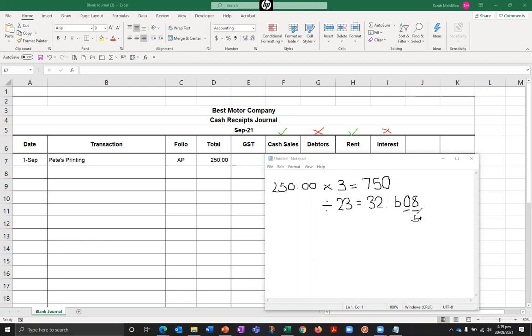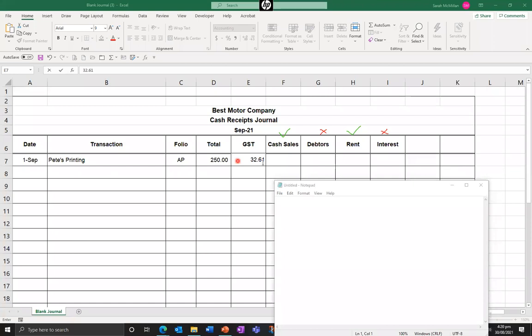So because this is higher than 5, as an 8, it would then change the 0 to a 1. So it would be $32.61. And this is what we would record into our GST. $32.61 GST.